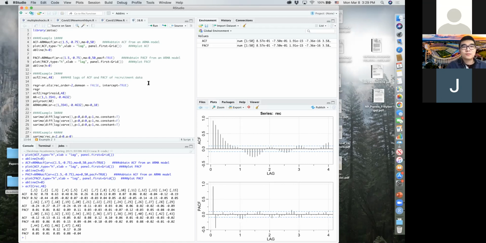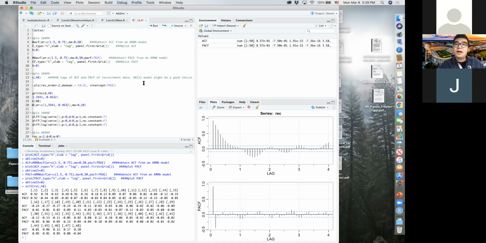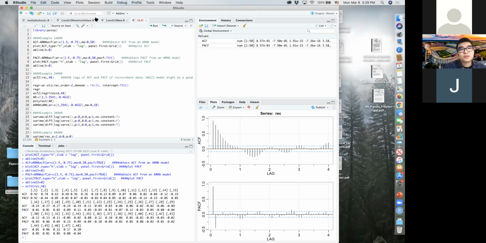So just by looking at the ACF and the PACF plots, and by checking our table, we can see that an AR2 model might be a good choice, right?